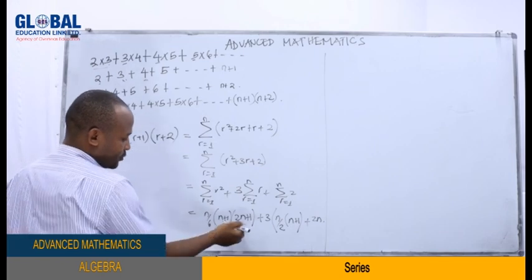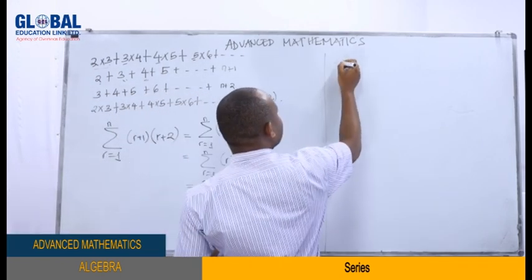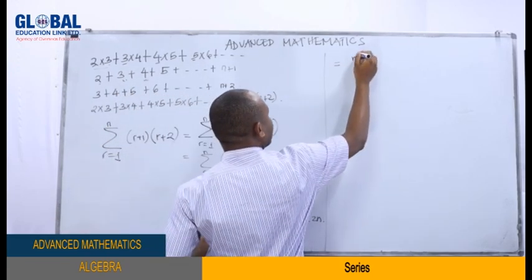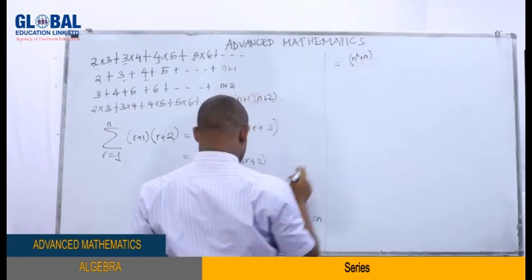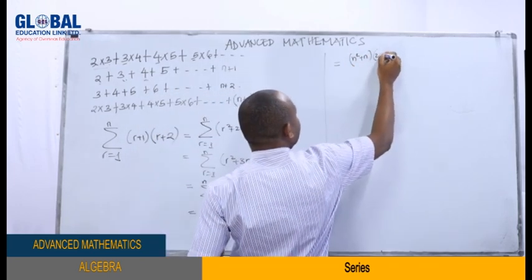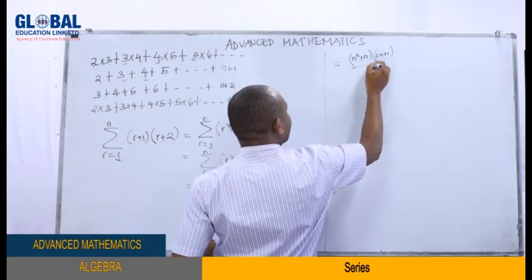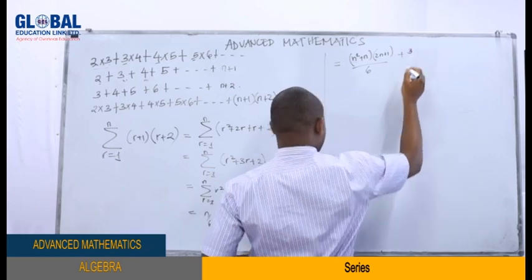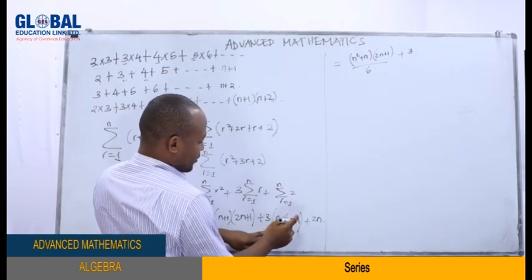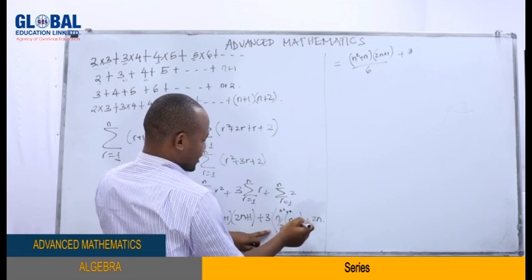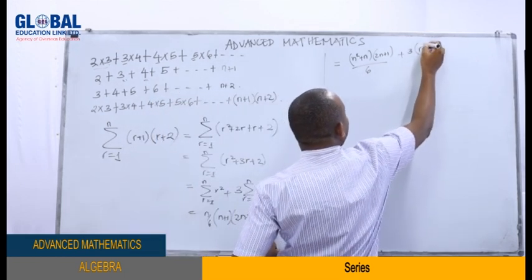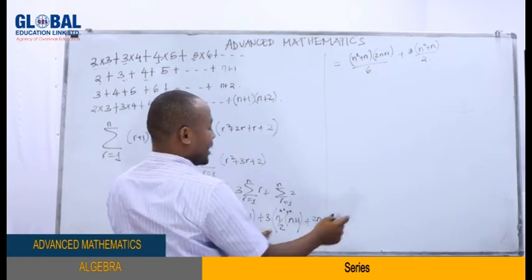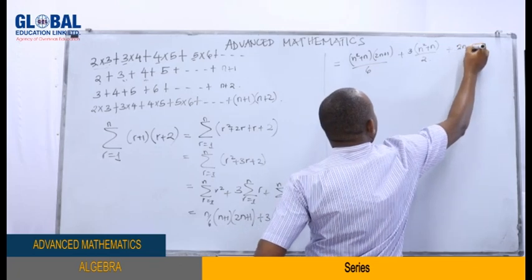Let's simplify it. First, let's open the brackets there. That means we are going to have n times n, we are going to have n square plus n times 2n plus 1, all of this over 6, plus 3 times n square plus n, all of that over 2, plus 2n.